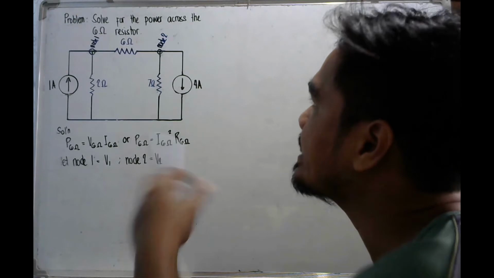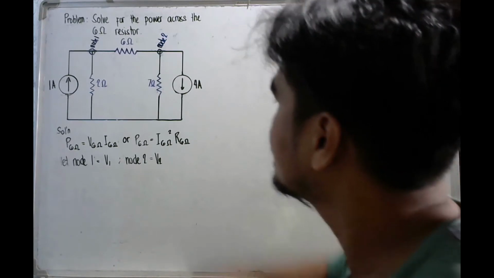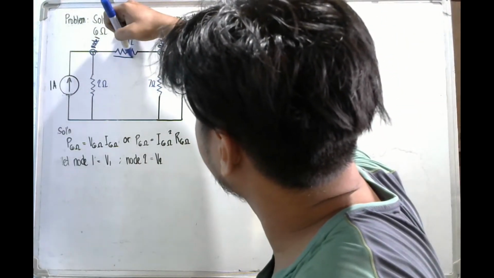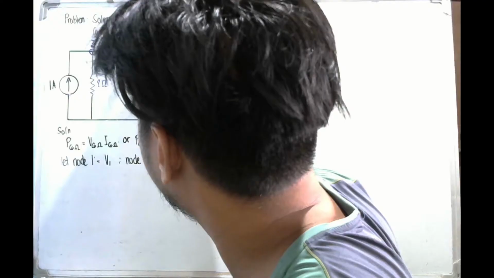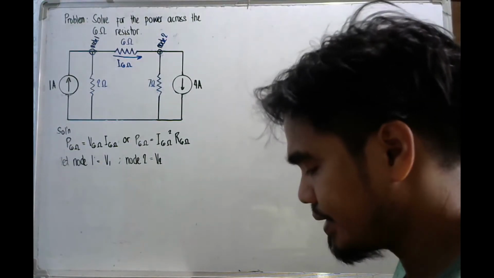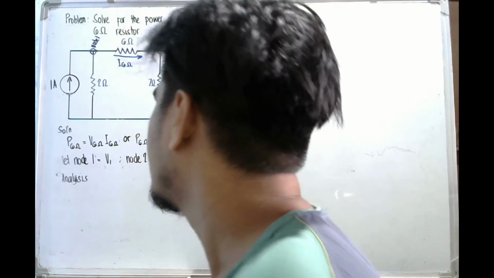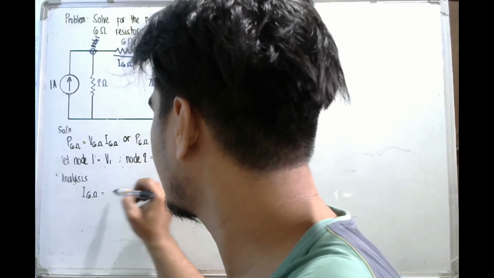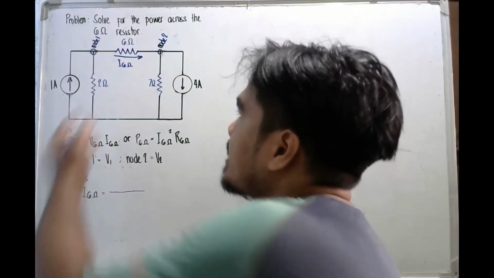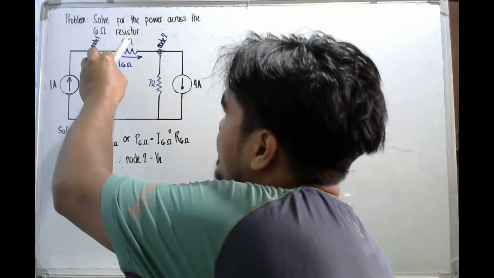So by nodal analysis, if we assume that this would be the direction of your I6 ohms, then the value of your I6 ohms is equal to the tail's voltage minus the head's voltage divided by the resistance.